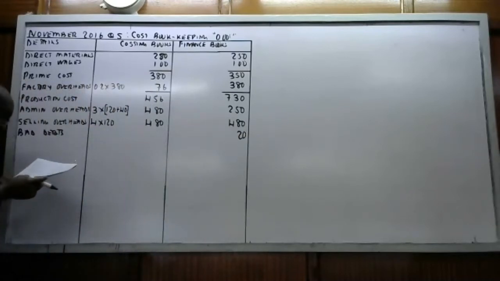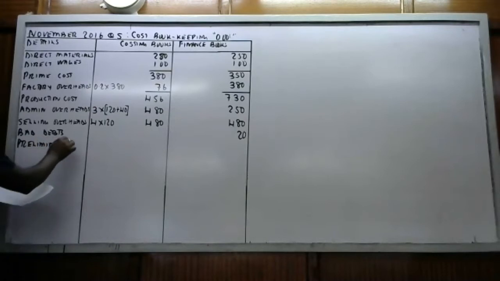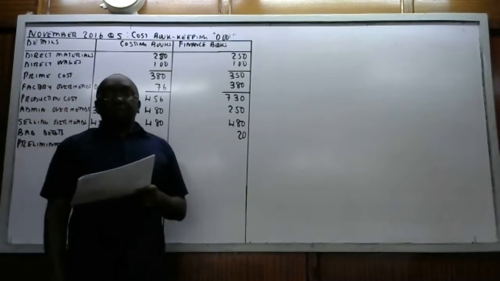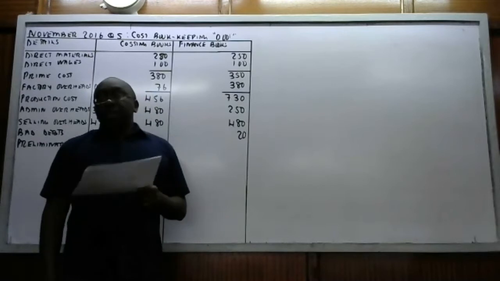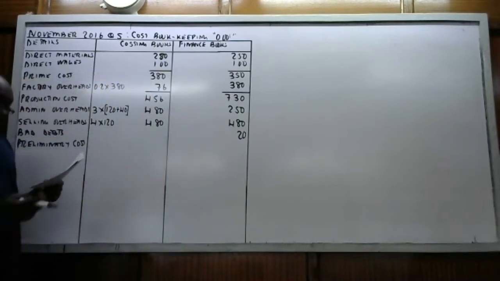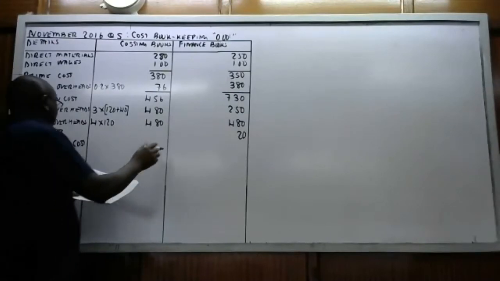The next one is preliminary expenses. These are costs incurred in forming a company, in creating a company. They are only in finance and never in cost. So we go to finance and give them 10.